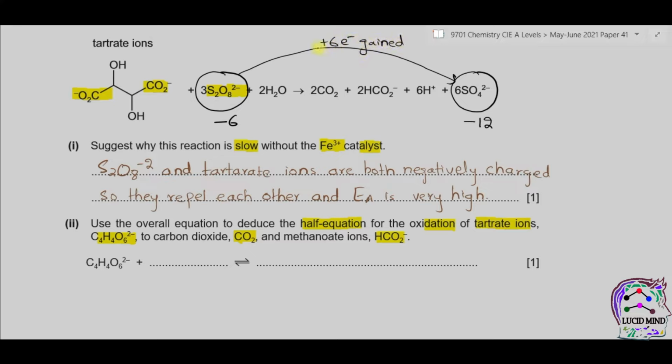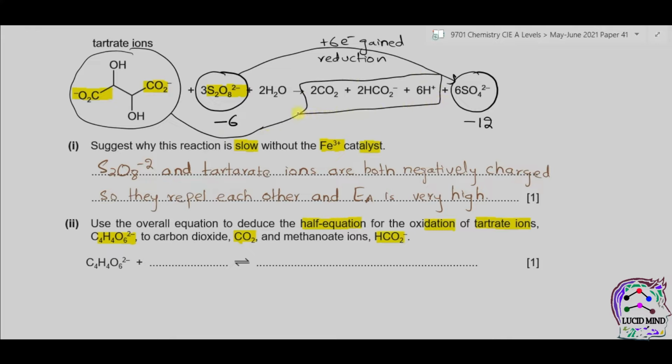Gain of electrons is reduction, so this part is reduction. The second part is oxidation, in which we have tartrate ions and they get converted into the rest of the products. If 6 electrons are gained in the reduction part, then 6 electrons will be lost in the first one.